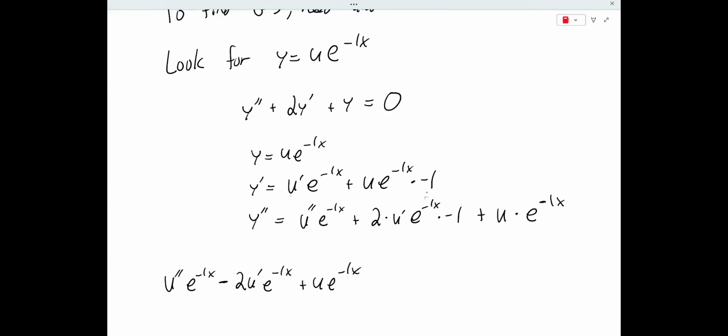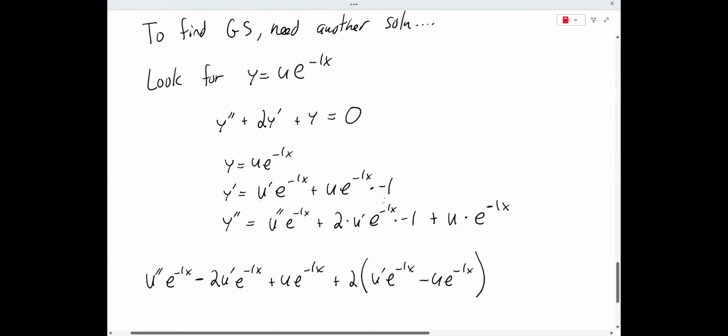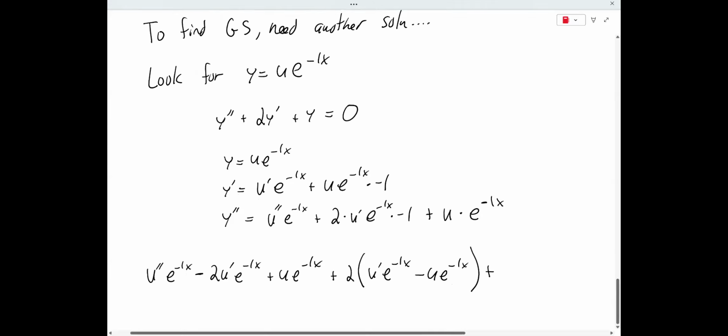So that's the second derivative plus 2 times the first derivative, which is from here, u prime e to the negative 1x minus u e to the negative 1x. Makes a mess here. Plus, now the y was this up here, u e to the negative 1x equals 0.